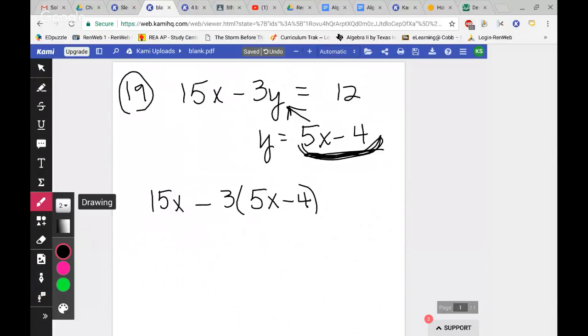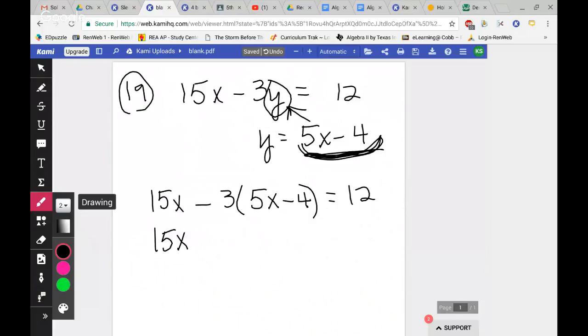Yes, so you substitute that in for the y. Equals 12. Okay, good. Once you've got it substituted, you can see we only have one variable in this whole linear equation, which makes us be able to work it.